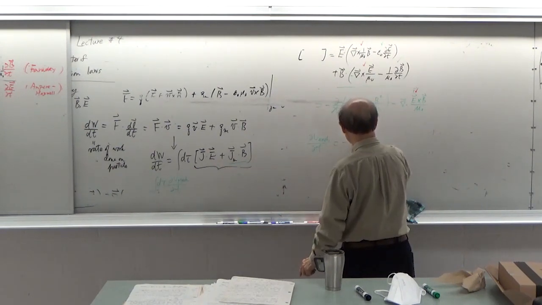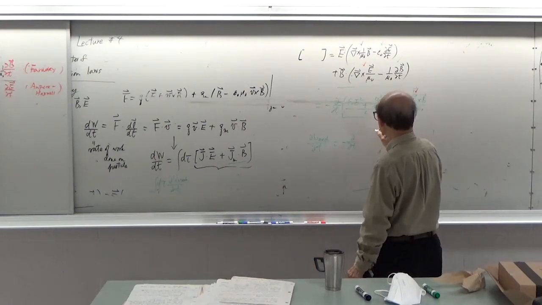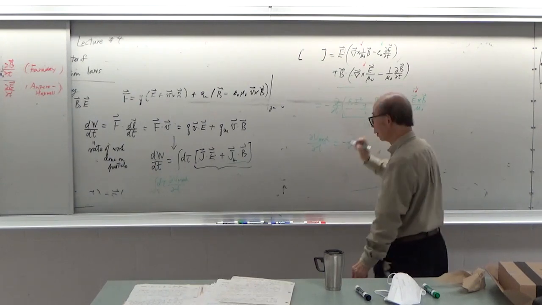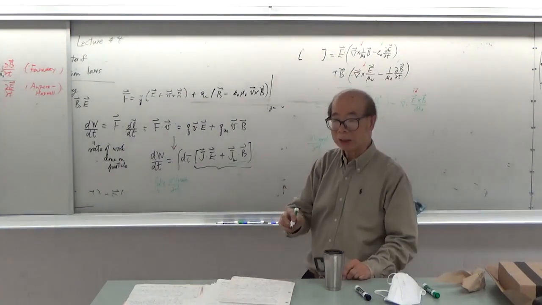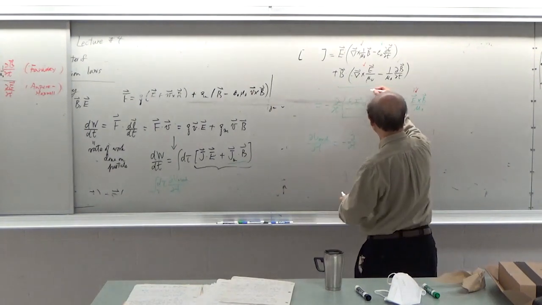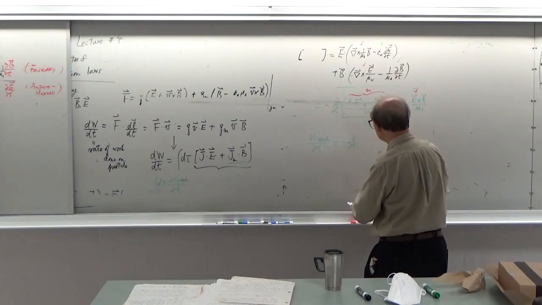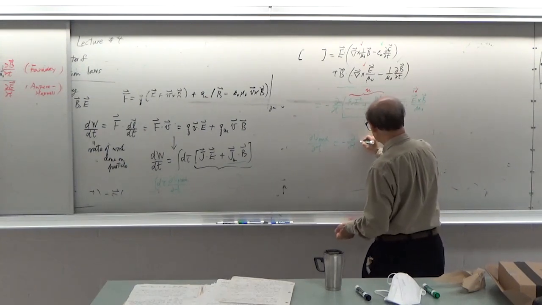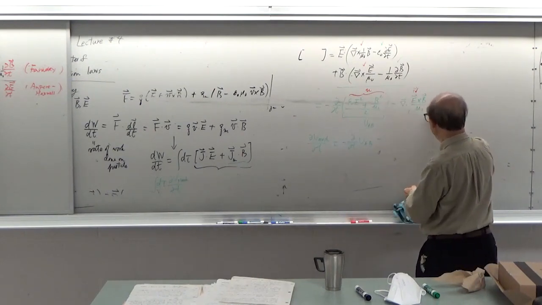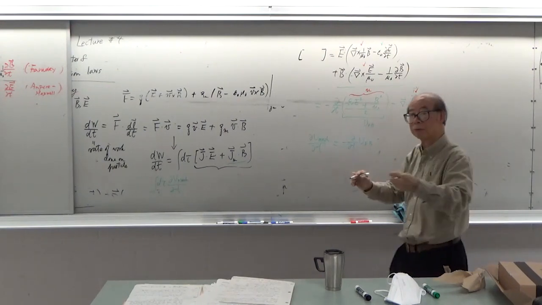This minus del by del t of this combination, let me call it U sub EB, the energy density of the electromagnetic field. Briefly, let's use U to represent this, but let me use the notation that I'm using in my lecture notes, U EB, minus this combination. It has to do with a gradient, so it represents some kind of flow.